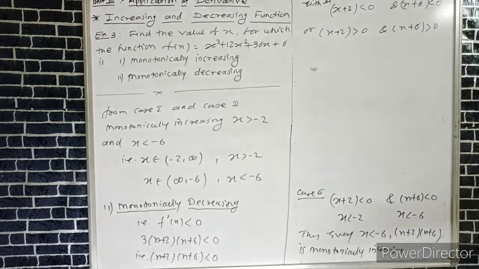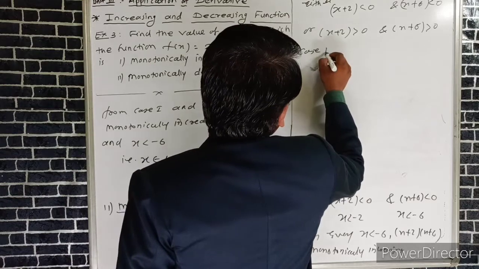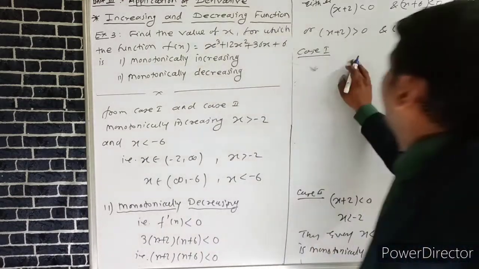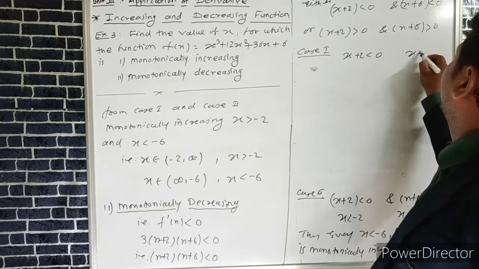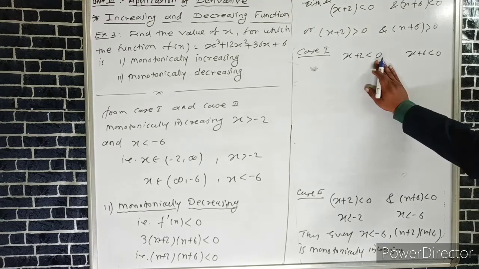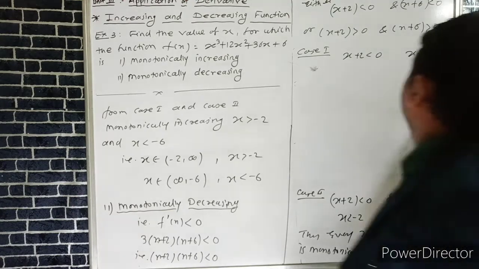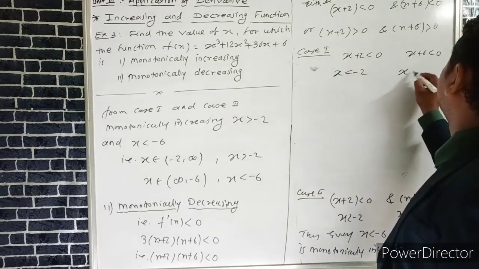So here, if we take the first case, x plus 2 is less than 0 and x plus 6 is also less than 0. We can write x is less than minus 2 and x is less than minus 6.